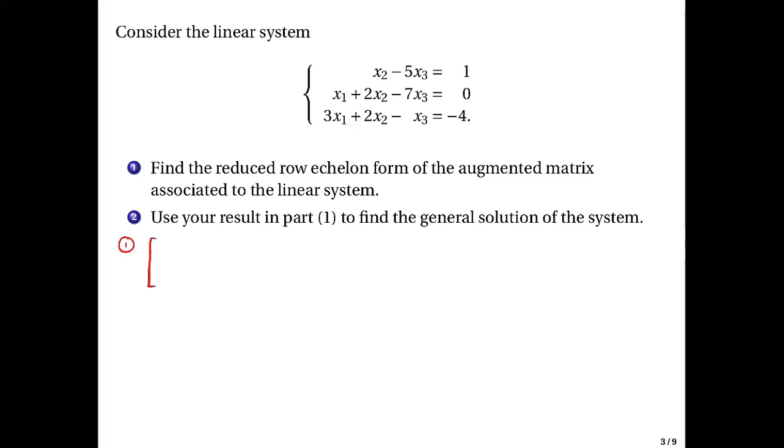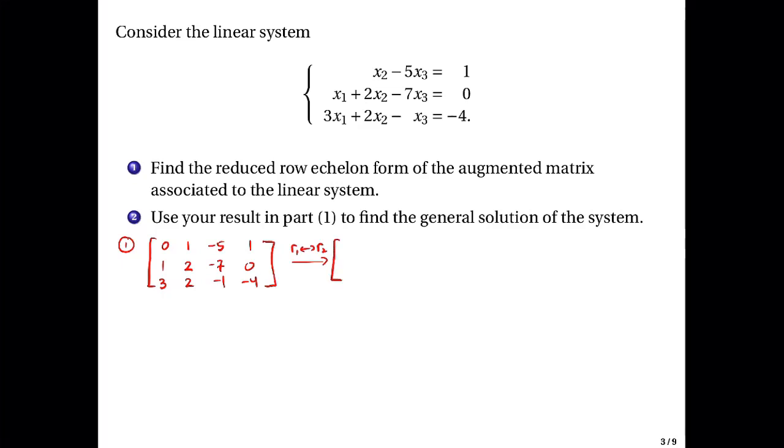We have here 0, 1, negative 5, 1, and then 1, 2, negative 7, 0, and then we have 3, 2, negative 1, negative 4. First step, we want a leading one in here. We can interchange rows 1 and 2.